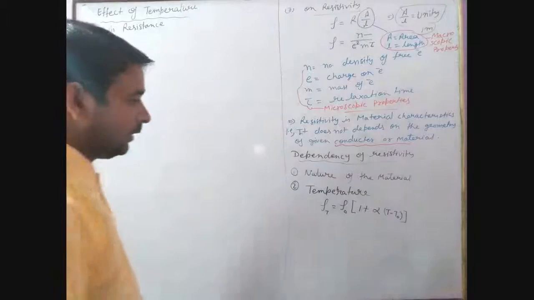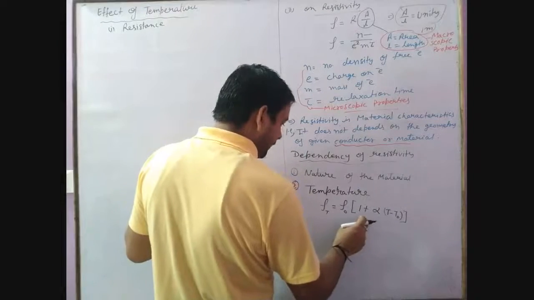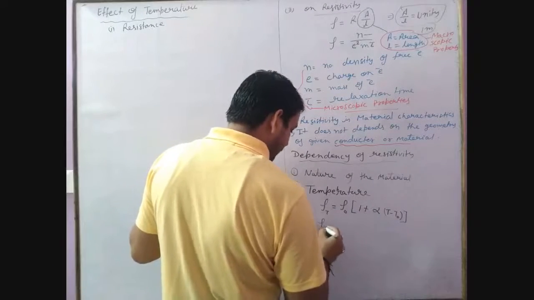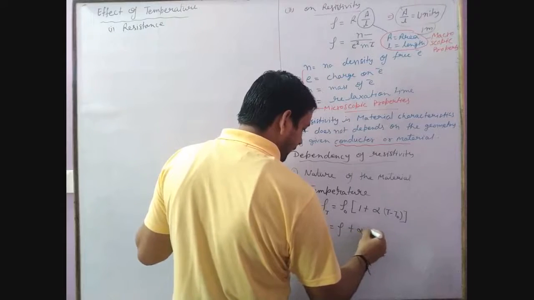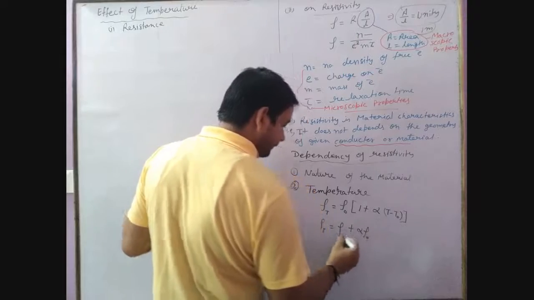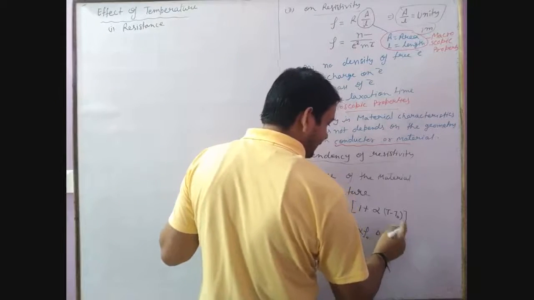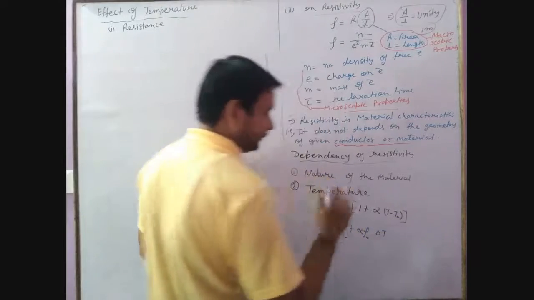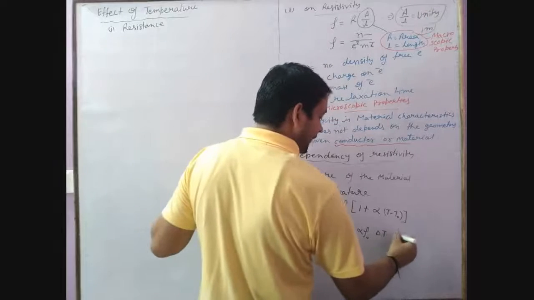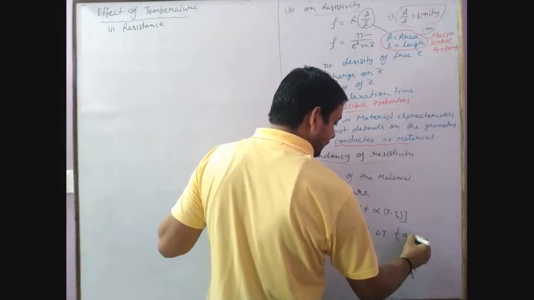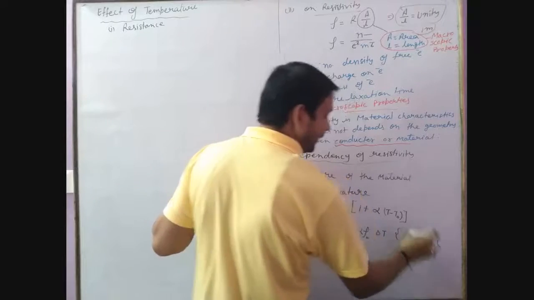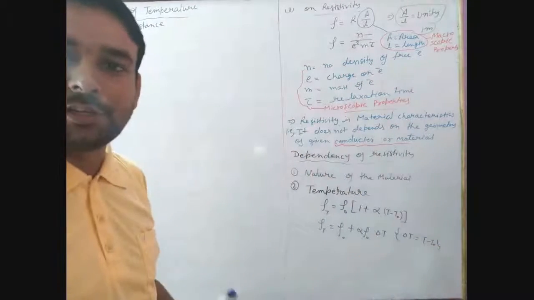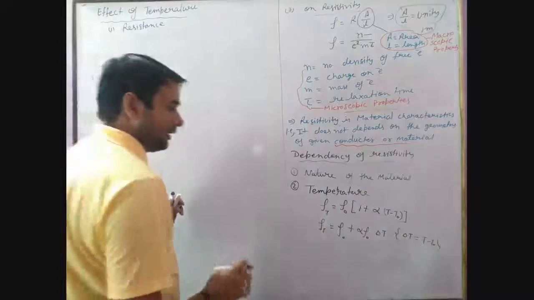Clear है? Now from here we calculate that rho T, rho naught, alpha rho naught, and this term is taken as del T only. I will write here del T is equal to T minus T naught, where T is the temperature and T naught is the room temperature or initial temperature.